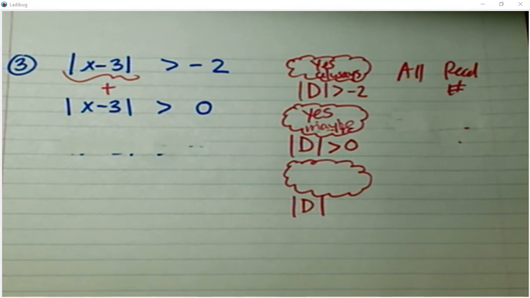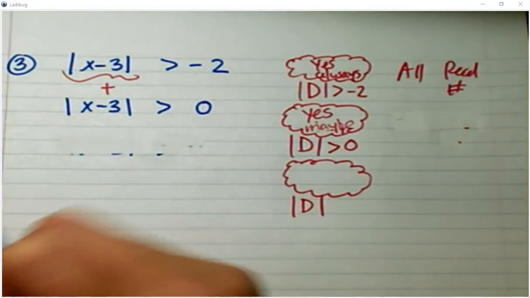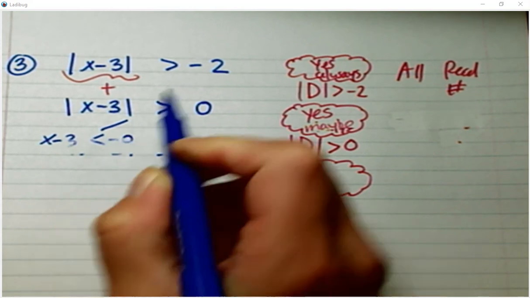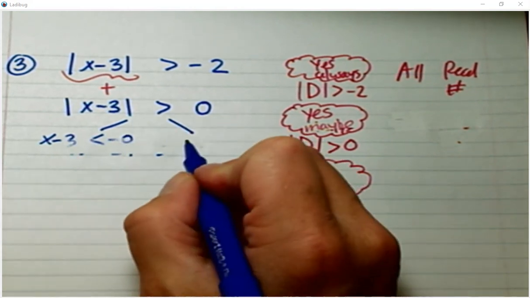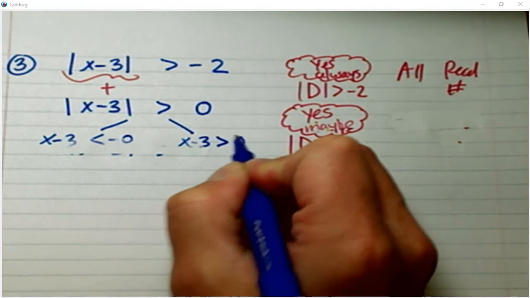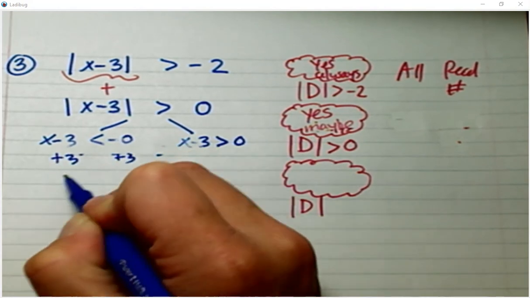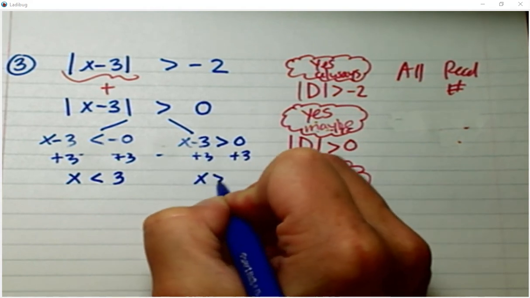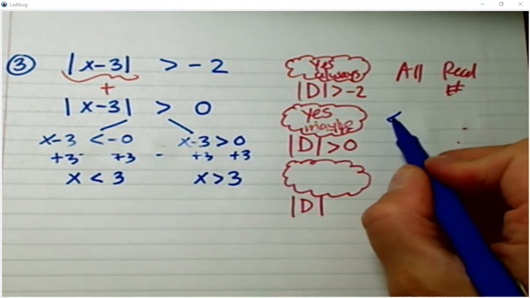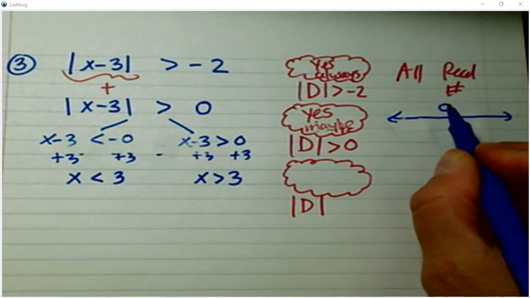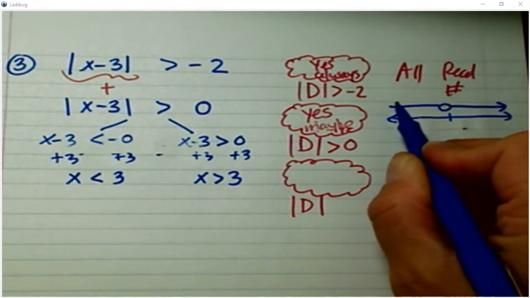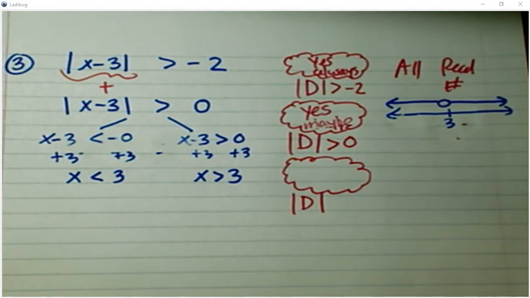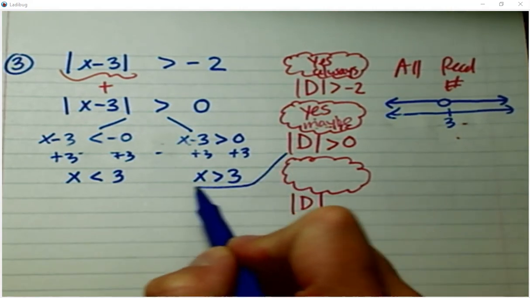So what I need to do is split and solve, maybe. So we do x minus 3, split to the left of the left endpoint, to the right of the right endpoint. Oh, so the number line actually ends up with almost everything except 3.